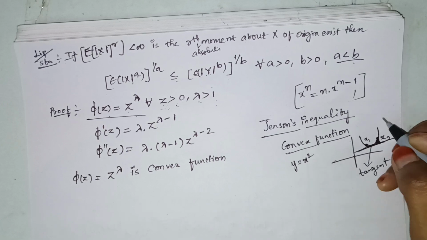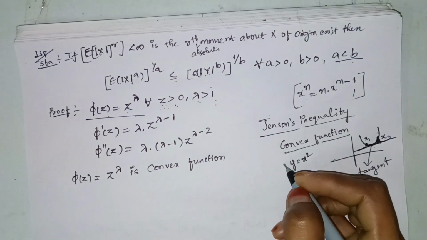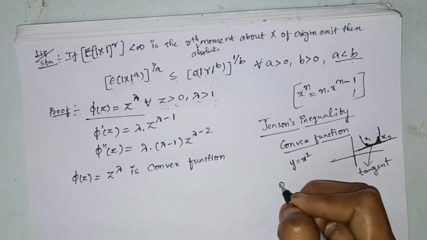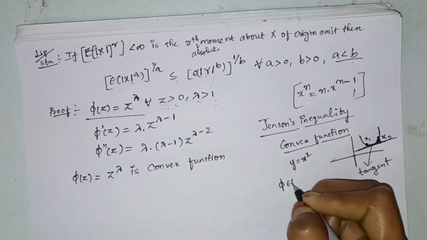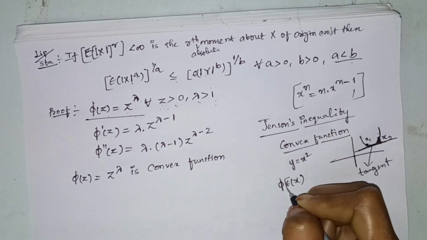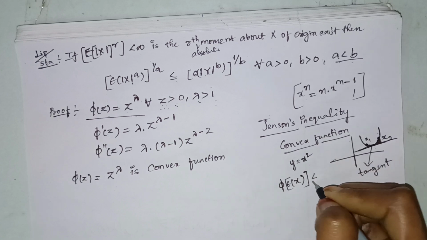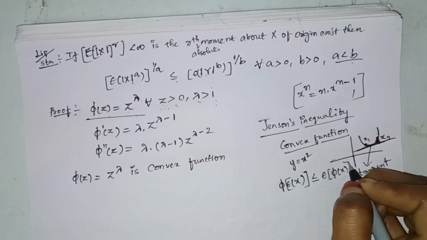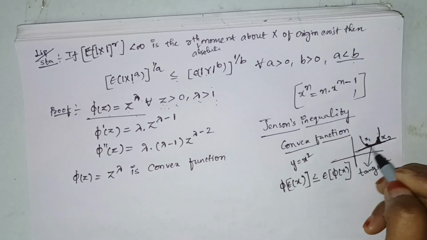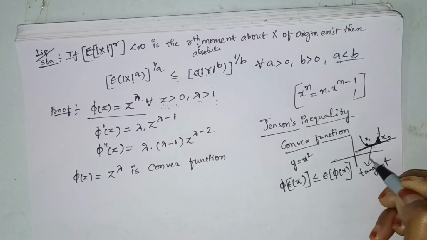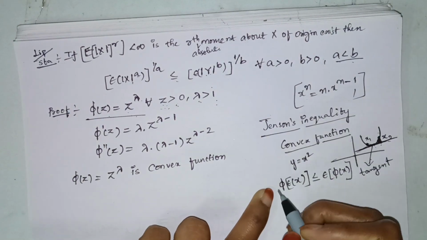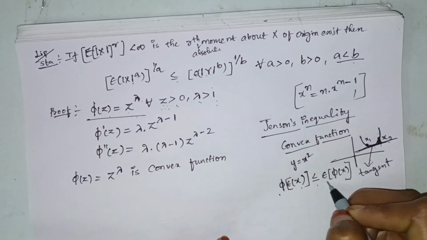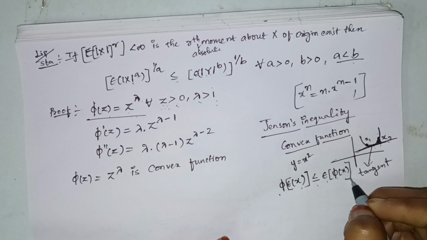Which is nothing but the Jensen inequality states that phi of expectation of x is less than or equals to expectation of phi of x, because here the line is lying below the curve. That's why the phi function applied to the expected value of x is always less than or equals to expectation of phi of x.